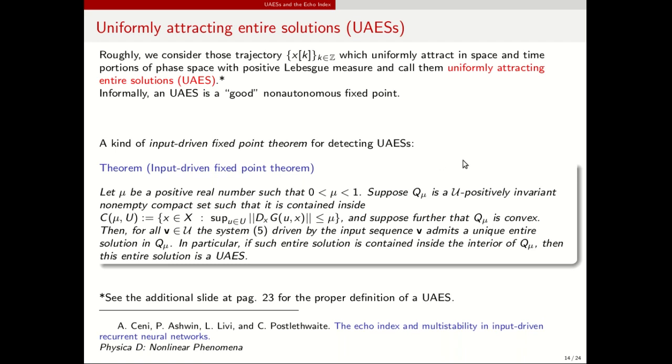And if this compact set is such that the first derivative in space of the map G, which is the map describing the state update rule of the recurrent neural network, if the supremum of this norm is less or equal to a value mu, which is a constant real number between 0 and 1, and assuming further that this space is also convex, then we can state that for all input sequences in this universe of input sequences, we admit a unique entire solution inside this compact space.